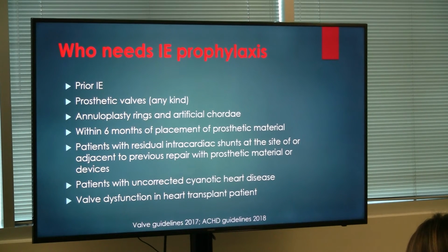Okay. But if you have prosthetic material, like an ASD patch, VSD patch, or Amplatzer device, then you need infective endocarditis prophylaxis only for 6 months, until the whole thing endothelializes over. Okay. 4, patients with residual intracardiac shunts at the site of or adjacent to the previous repair with prosthetic material. So if you have a VSD, you closed it, and there's still a residual shunt going on, you will need infective endocarditis prophylaxis forever, because that portion adjacent to the patch is not going to endothelialize because of the residual VSD shunt.